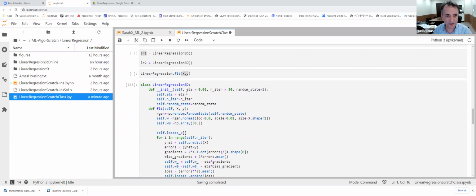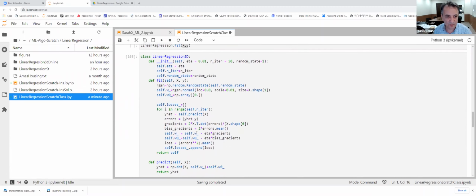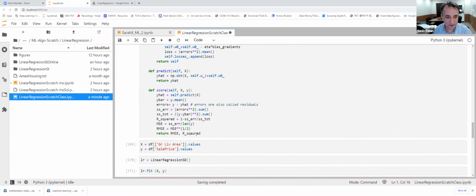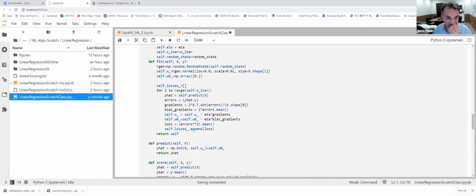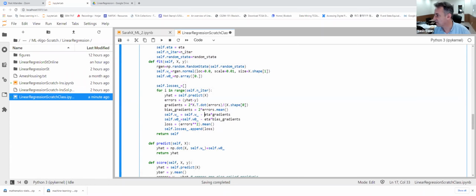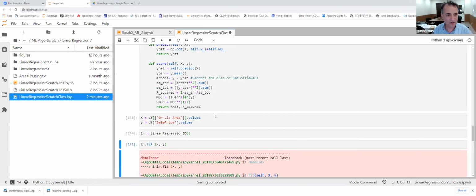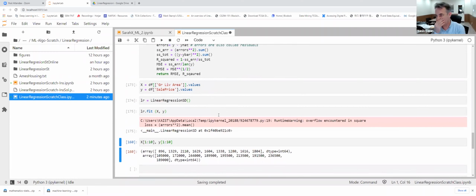Where is it? This one, right? Eta is not defined because we are going to use self.eta. I'm referring to eta from self. So this is what I meant.